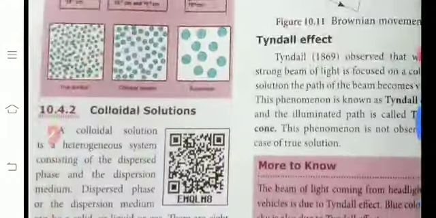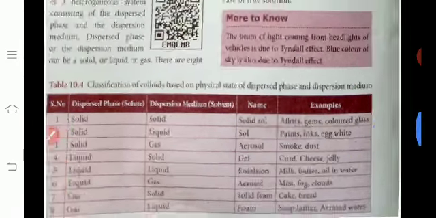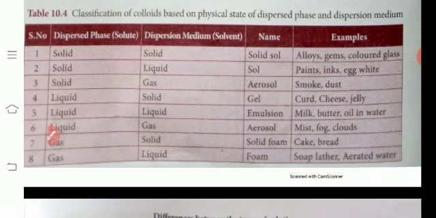Okay, listen, here is the tabular column. You see this tabular column. If you take solid and solid, solute means, for example, solute sugar, solvent water, already we discussed.